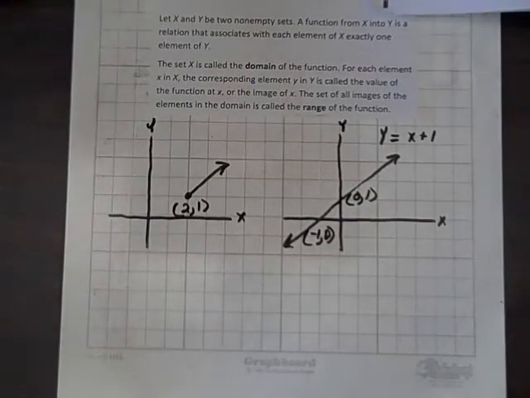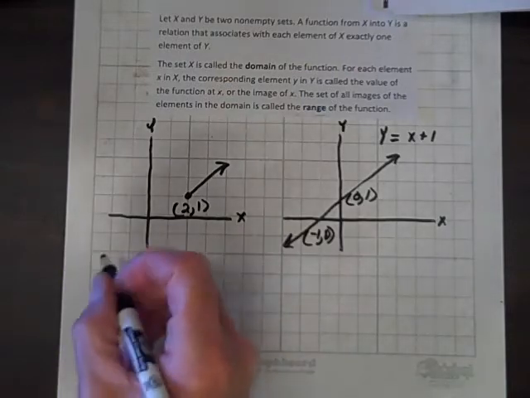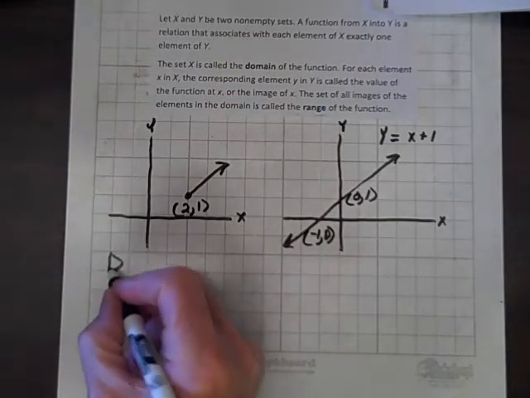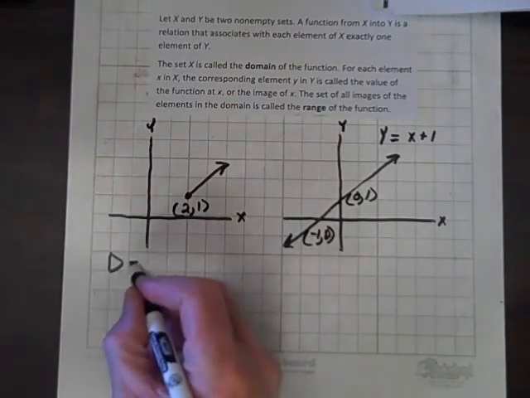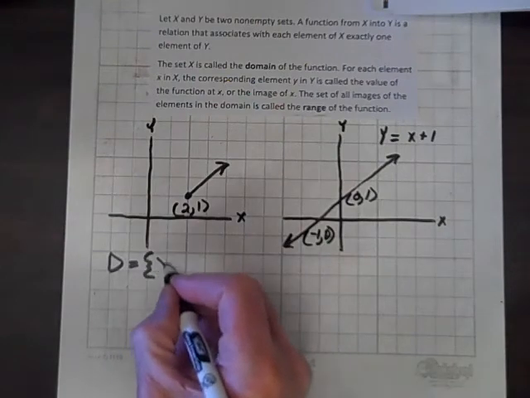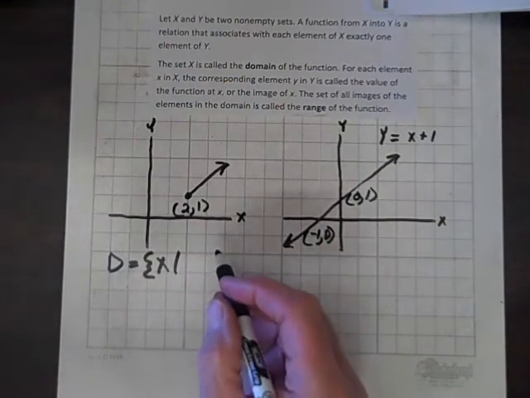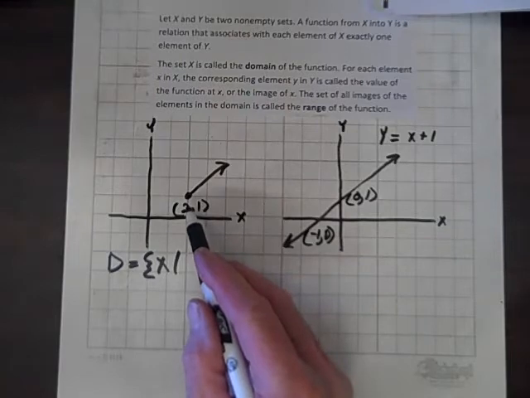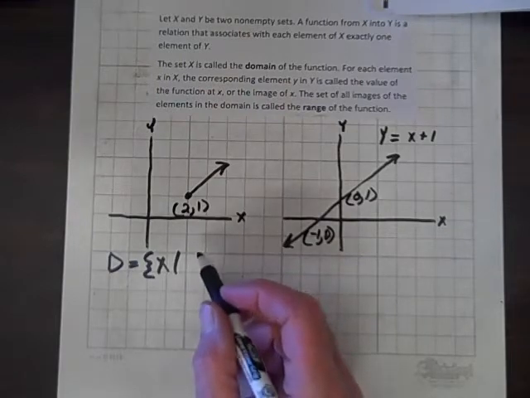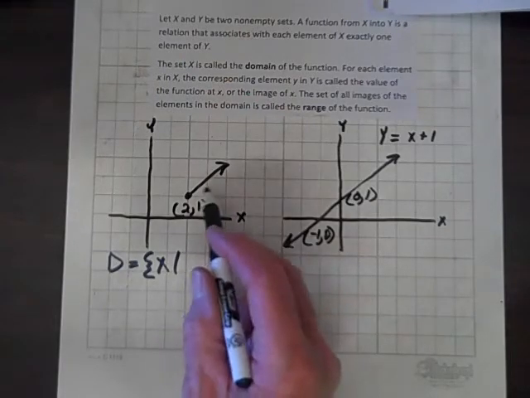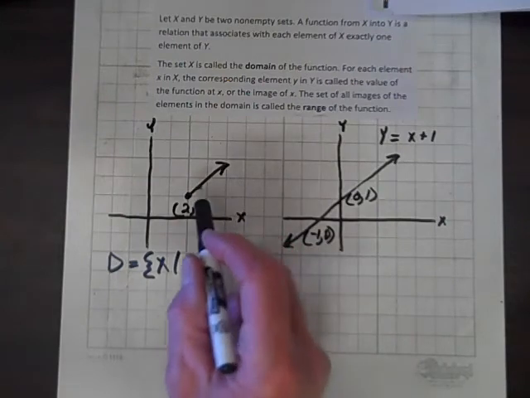Here we have two more examples of functions, and for our friend on the left, the domain equals the set x such that, and we have a minimum x coordinate, but we have no maximum x coordinate.